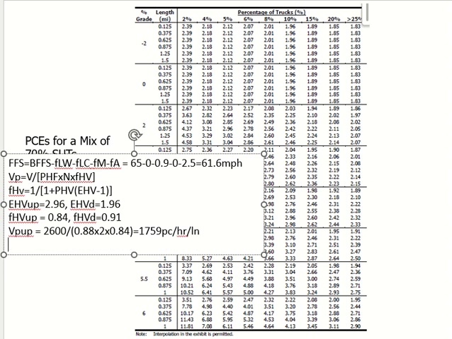For down? Only FHV will change. Everything else is same. 1623. 1, 6, 2, 3.